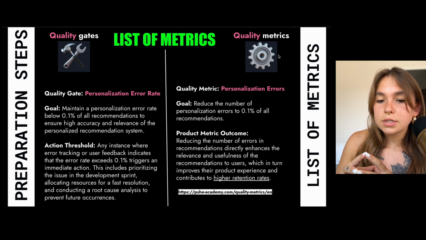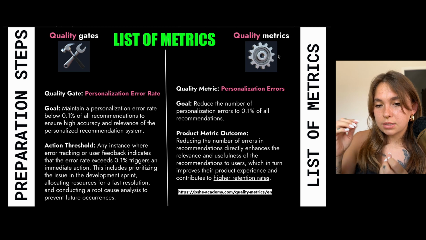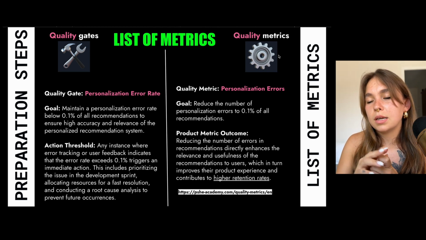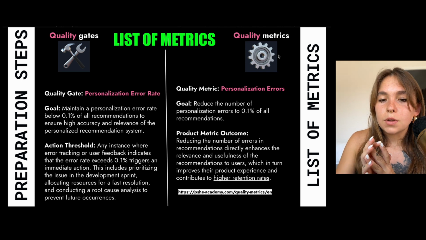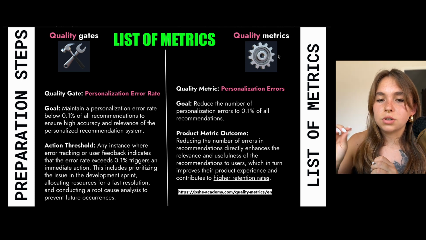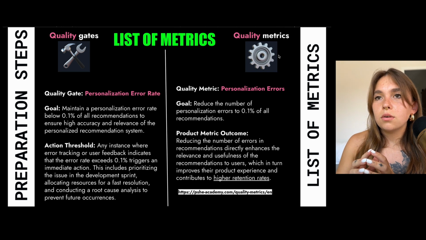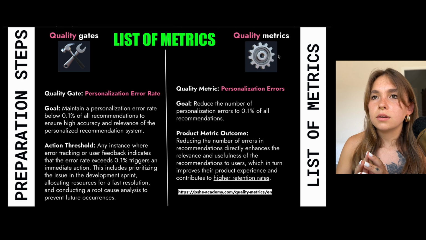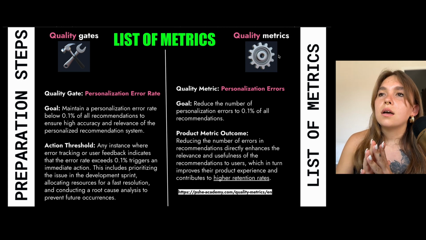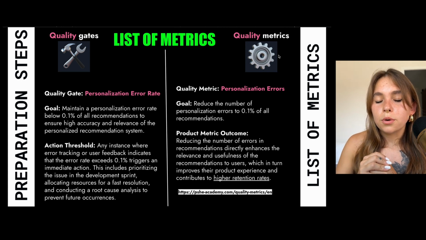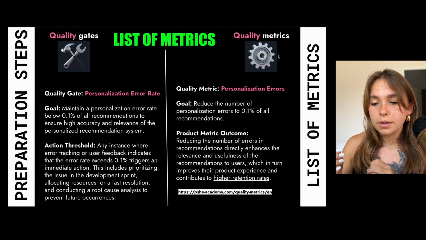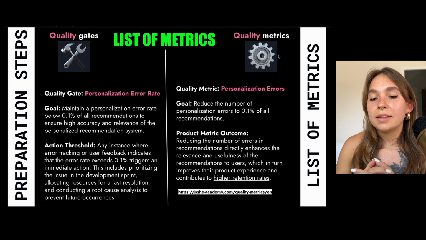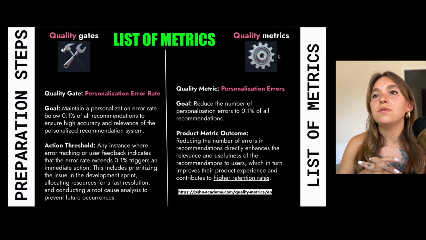So here, if the metric result is higher, not less, so it's not okay, we're going to fail our pipeline, and otherwise that's fine. So if the metric is as we expected, lower than 0.1%, in this case we go further.